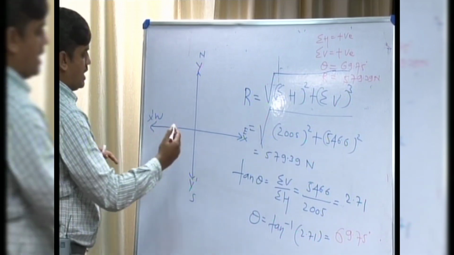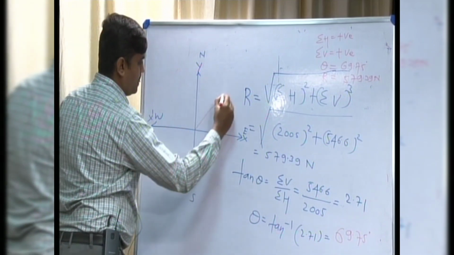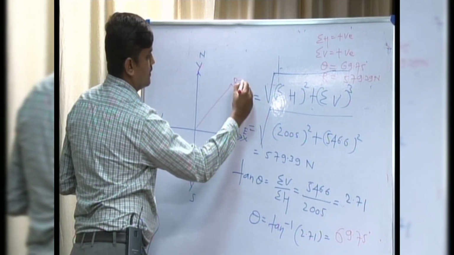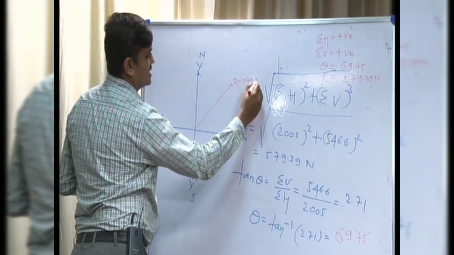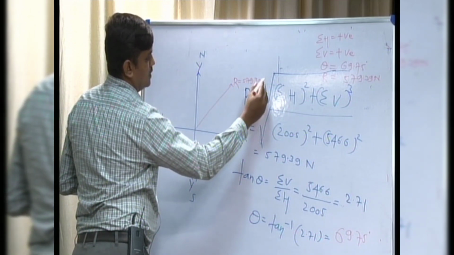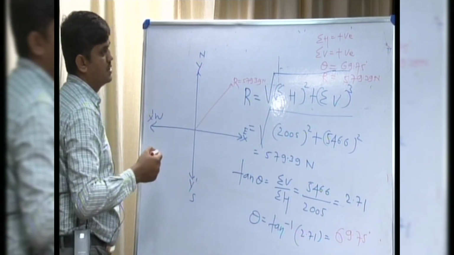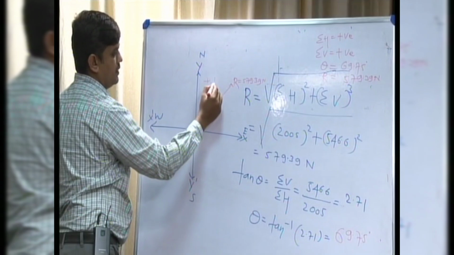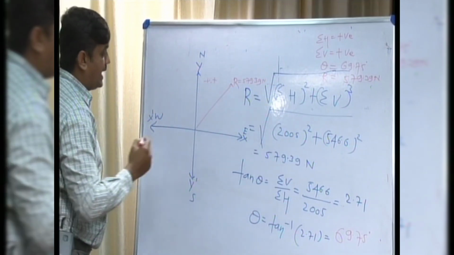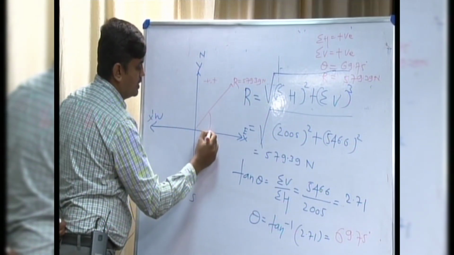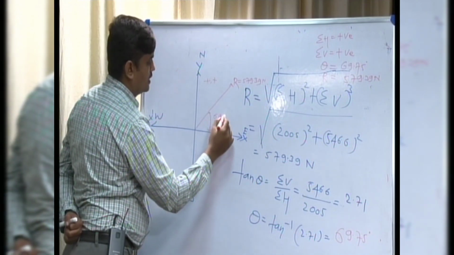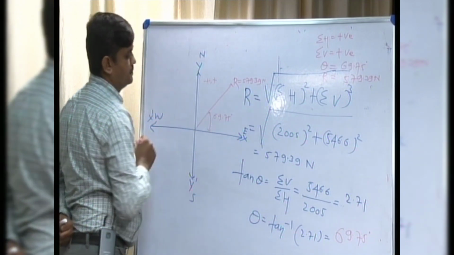Our resultant R is equal to how much? 579.39, because both values are positive, it lies in the first quadrant, and the angle made with the x-axis is 69.75 degree.